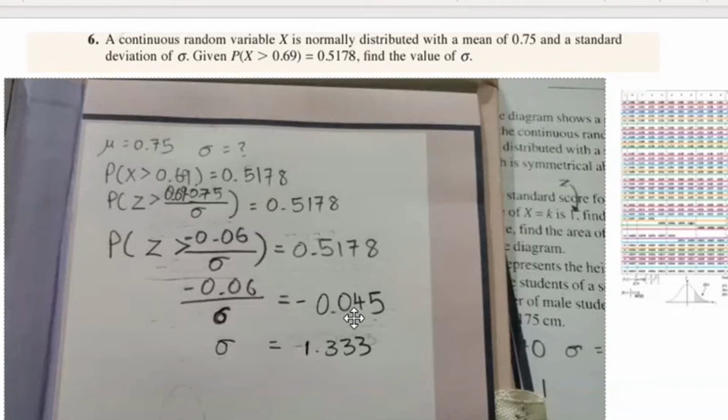So the 0.045 is 1 to plus negative. So the answer is 7.333. Thank you, teacher.